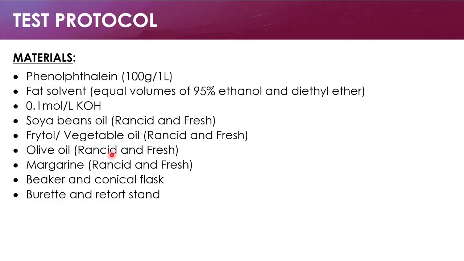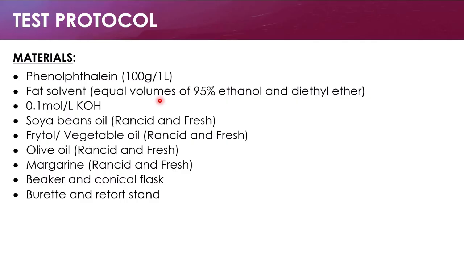Let's start by looking at the test protocol. We'll start our test method by first looking at the materials or the reagents involved. The first is phenolphthalein of this concentration. The next is fat solvent, which happens to be equal volumes of 95% ethanol and diethyl ether.